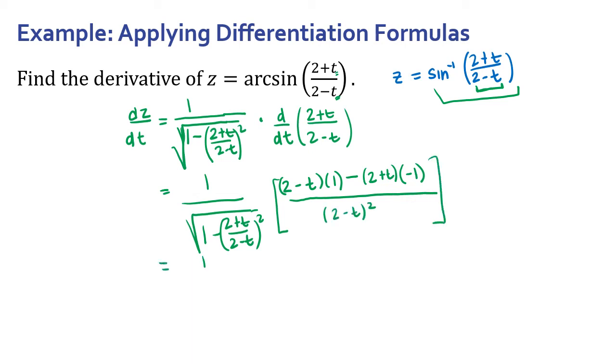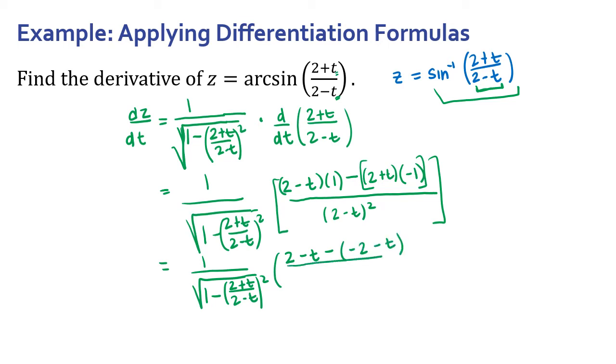So we're going to get 1 over the square root of 1 minus (2 plus t over 2 minus t) quantity squared times, so this, if I were to bring this out, I'll just write it out. So we'll get 2 minus t minus, and I'm subtracting this entire quantity, so don't forget that. So minus -(2 plus t) all over (2 minus t) quantity squared.